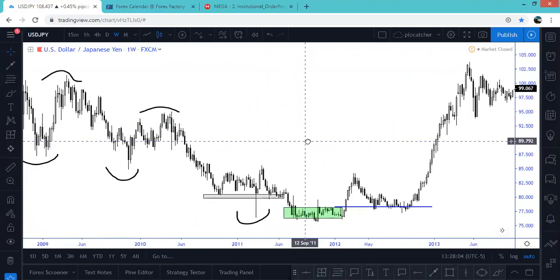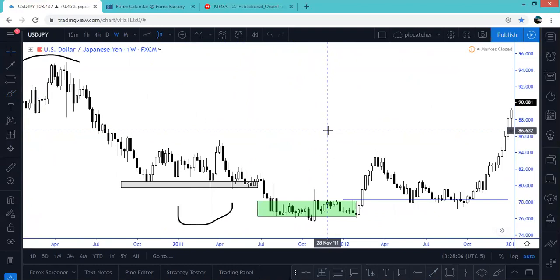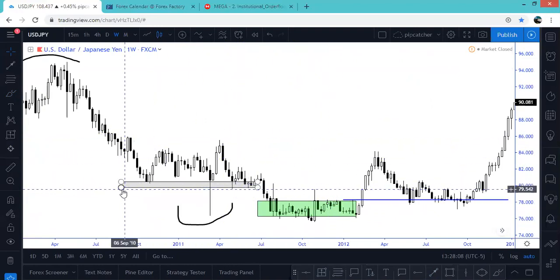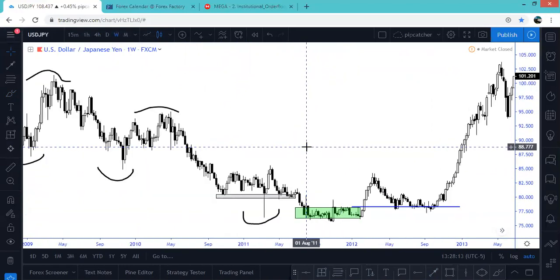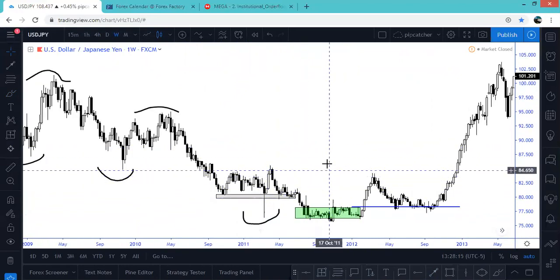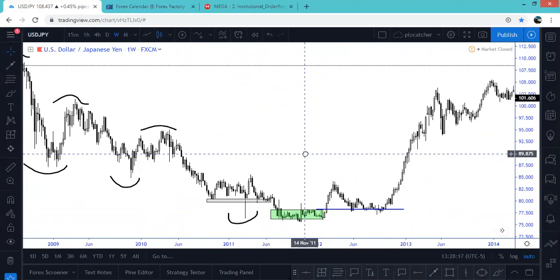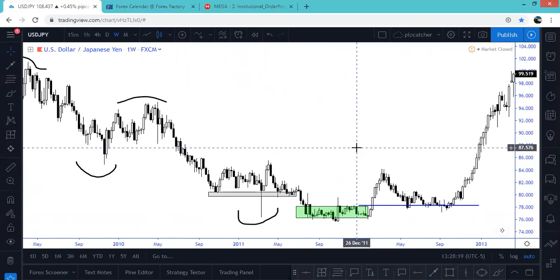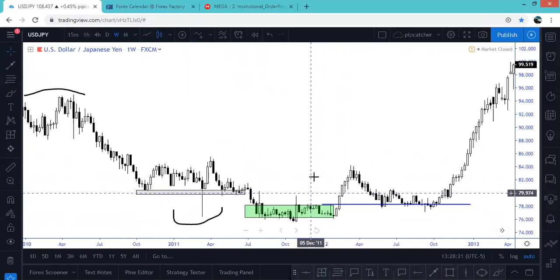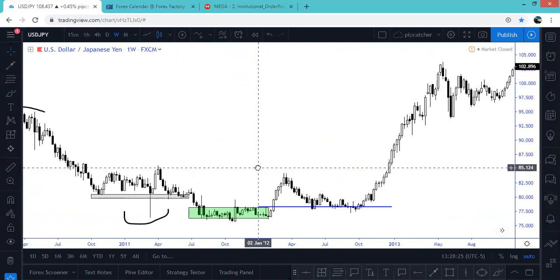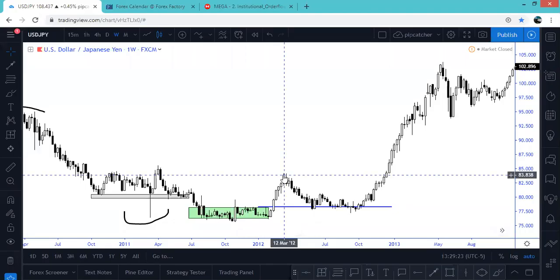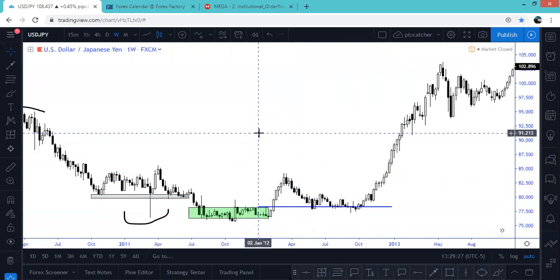We get down to the weekly, what do we see? Well, those equal lows did get hit right here, and I'm sure on the daily we'll be able to see it a lot better, but definitely an accumulation phase going on down in this area.